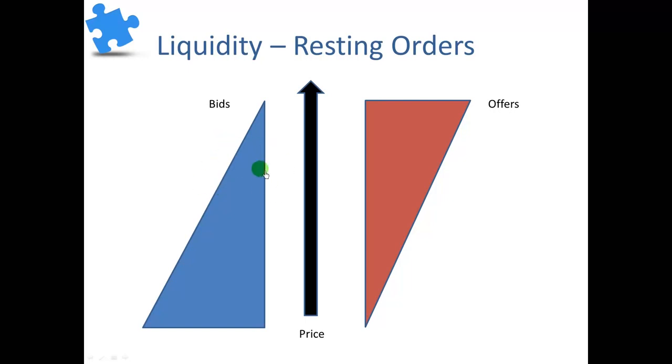Now, this brings us to another important point. At an area of resistance, the ceilings are going to be really, really, really thick. If you look at the numbers on the dome, the offers are going to be 1.5 to 3 times the size of the bids at an area of resistance.